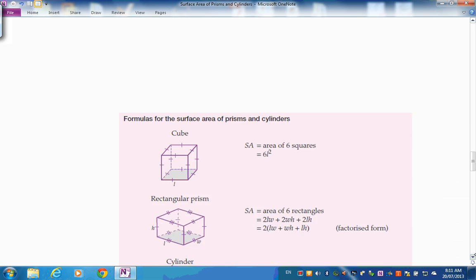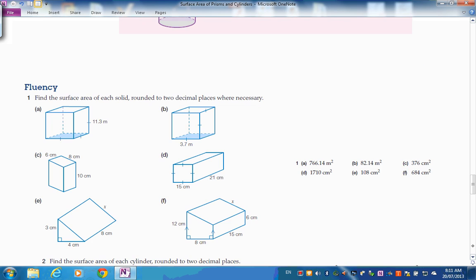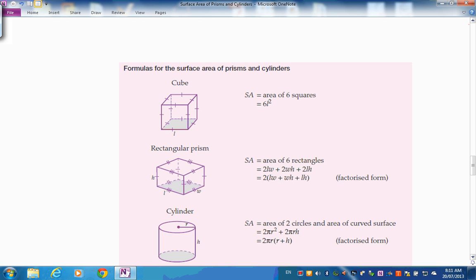Okay, here are the formulas we're going to summarise. We'll just go back up here. So here, formulas for surface areas of prisms and cylinders. I wouldn't memorise these formulas here. I'd be able to work them out. I would show the working each time, so that you are more or less giving a complete solution.